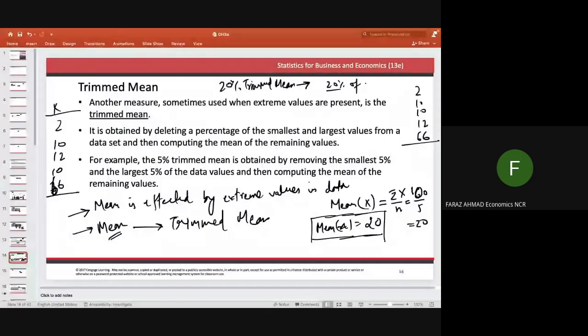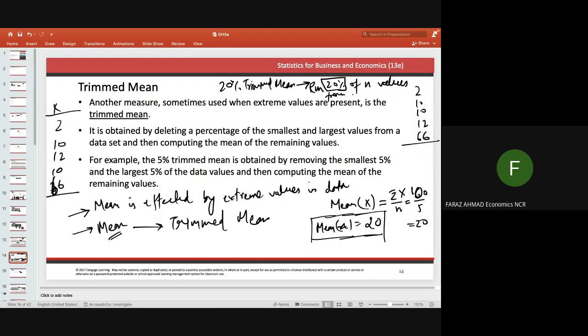So what you would do is you would remove 20% of n values, remove 20% of total values, right, from start and end.